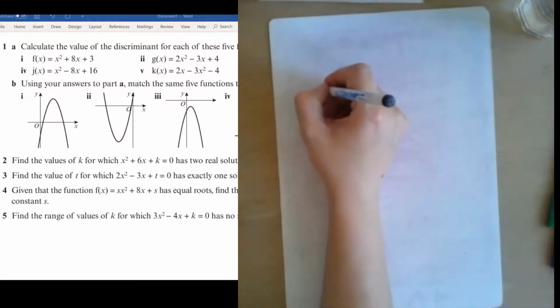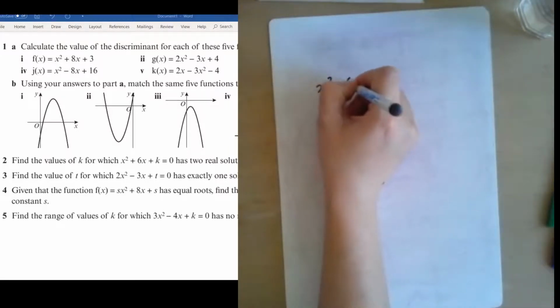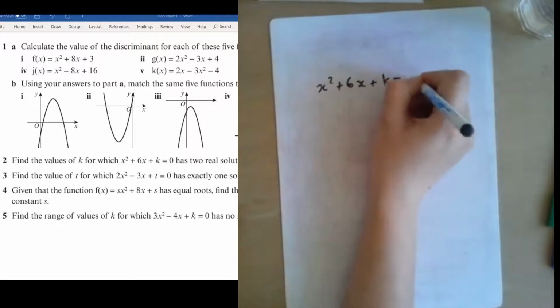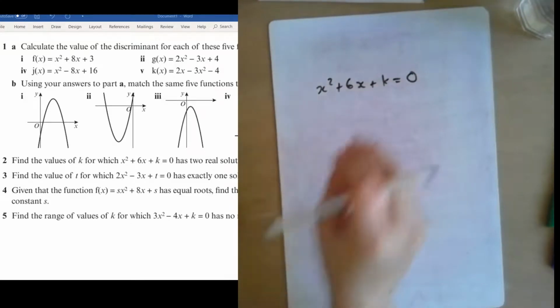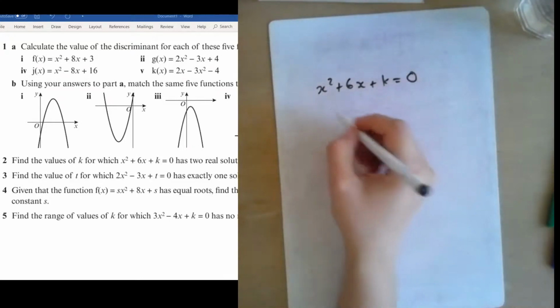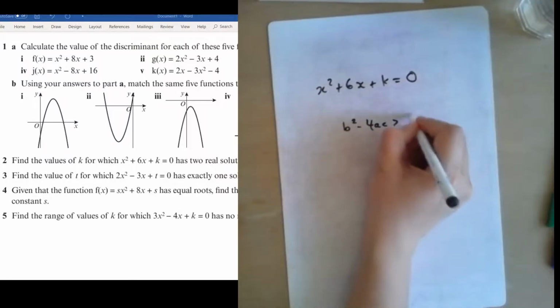Okay, so I'll just do number 2 because it's up there. So I've got x squared plus 6x plus k equals 0. It's saying 2 real solutions. So what do I know the discriminant needs to be in order for this to have 2 real solutions? Well, I know that b squared take away 4ac must be positive.